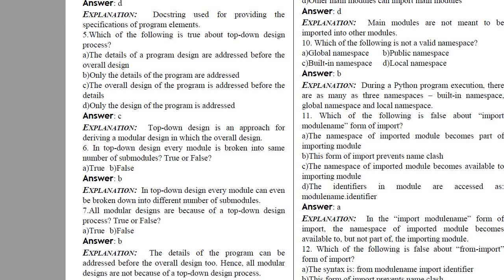The namespace of the imported module becomes available to the importing module. The identifiers in a module are accessed as module name dot identifier. So the answer would be A, because whenever we use import module name, the namespace of the imported module becomes available, but not part of the importing module.